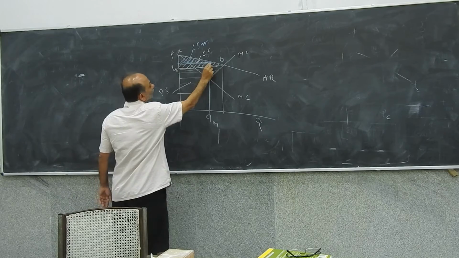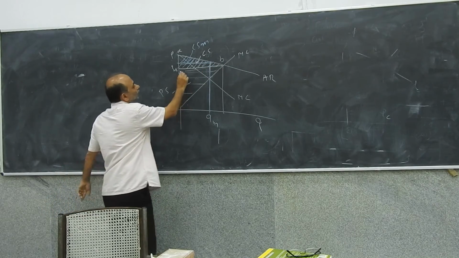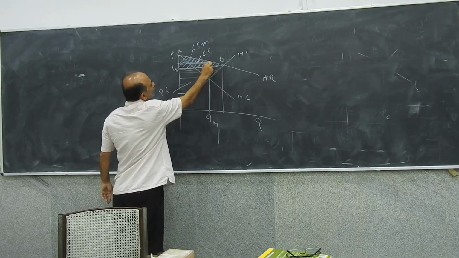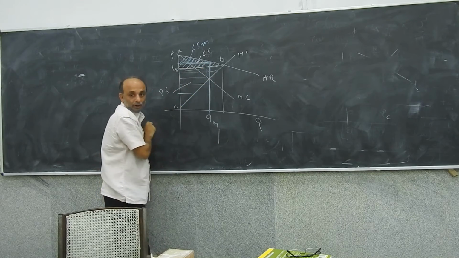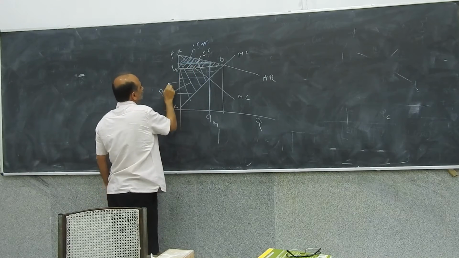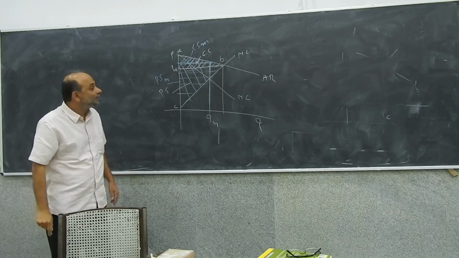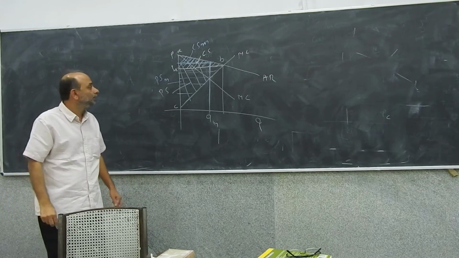This whole area, right? Sure? Above. So this area. Sure? So this would be the producer surplus under monopoly. So what is the difference between the two surpluses?